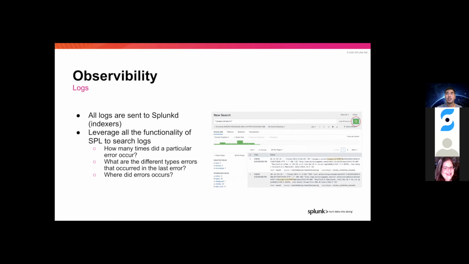All of these questions can be easily answered by creating queries for the logs coming from our platform, Pulsar and Flink.